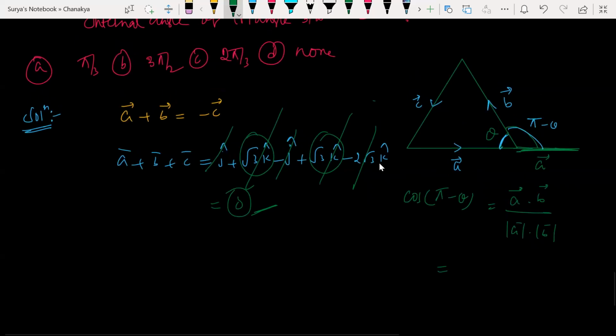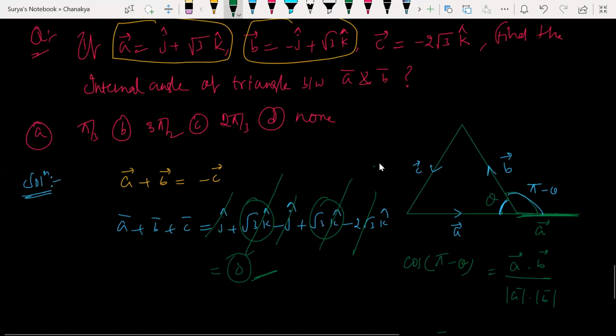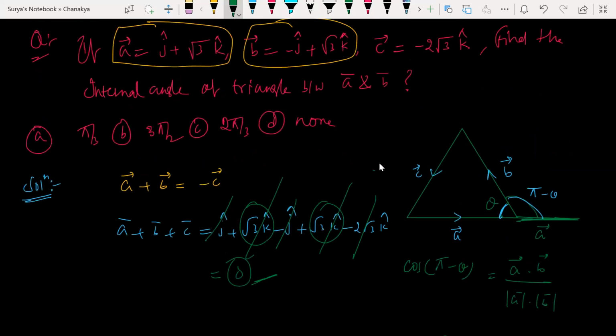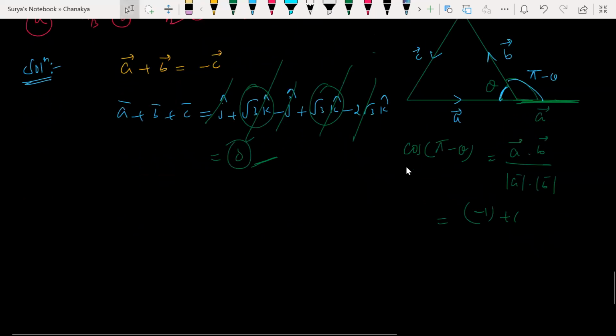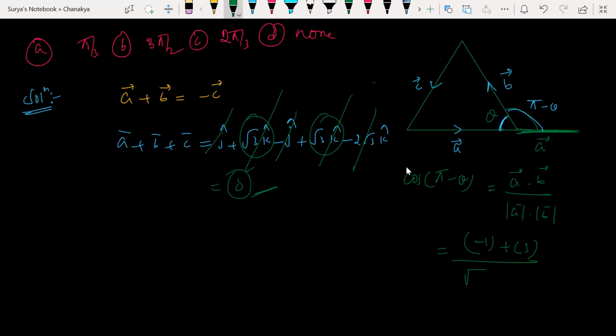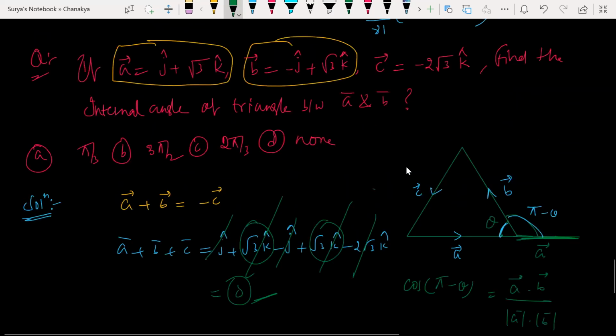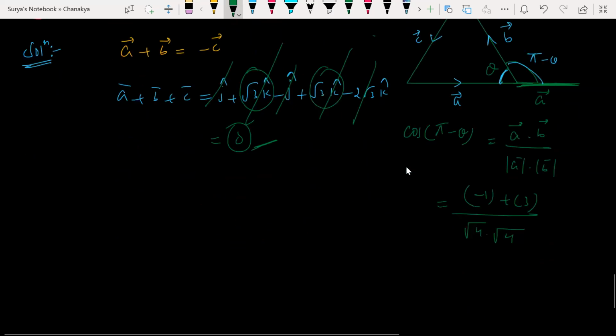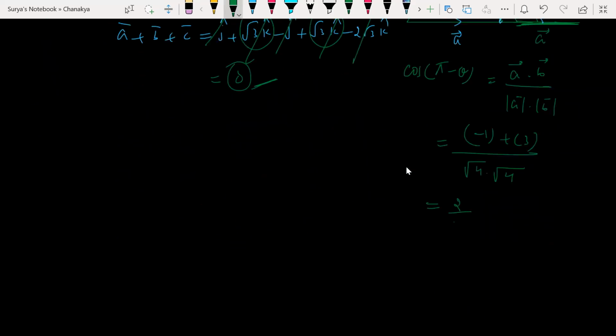Check it out, from the question, A dot B is minus 1 plus 3 plus 2. Minus 1 plus 3, isn't it? What is the magnitude of A? 1 plus 3, root 4. This is also going to be root 4. Isn't it, people? So what is 2 by 2 into 2?